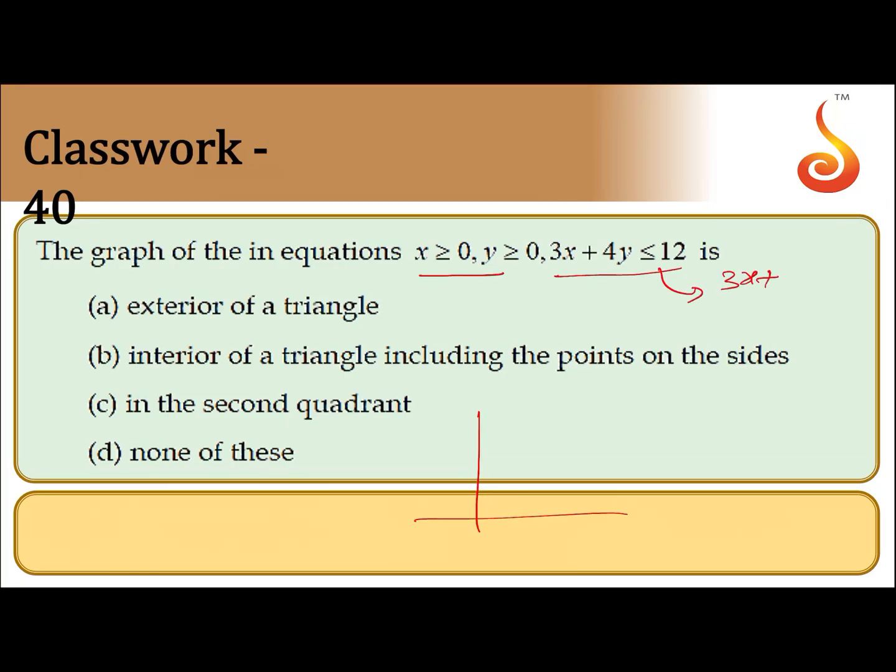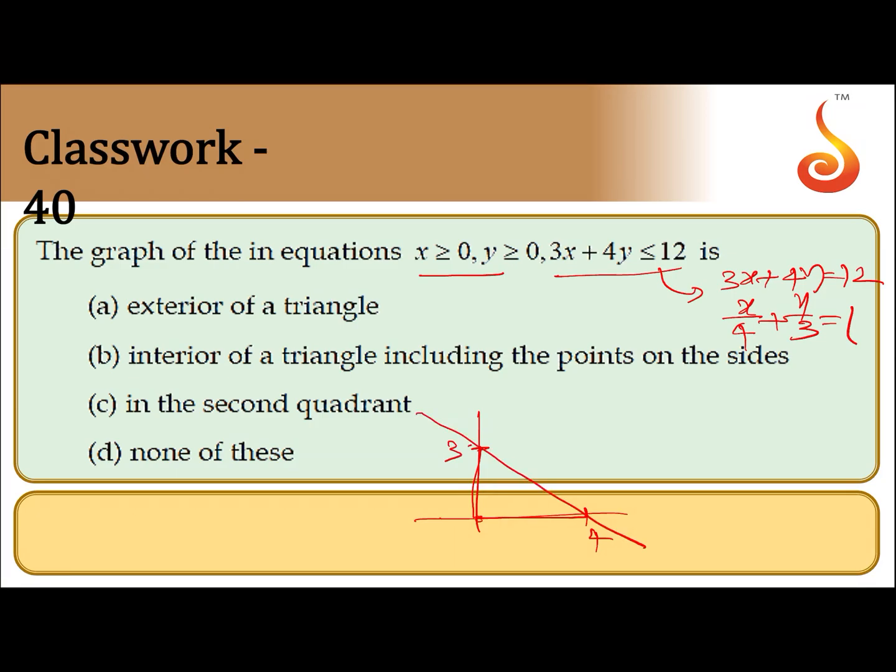X greater than or equal to 0 and y greater than or equal to 0 give the first quadrant. Taking 3x plus 4y equal to 12, I can write x by 4 plus y by 3 equals 1. So the x-intercept is 4 and the y-intercept is 3, and this would be the straight line.